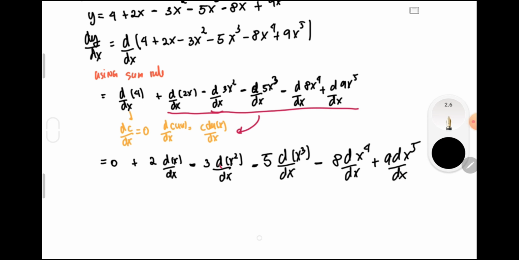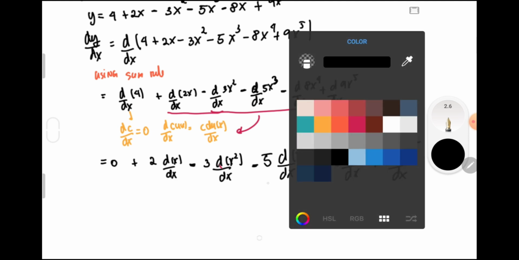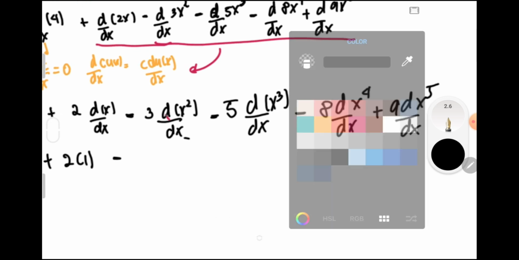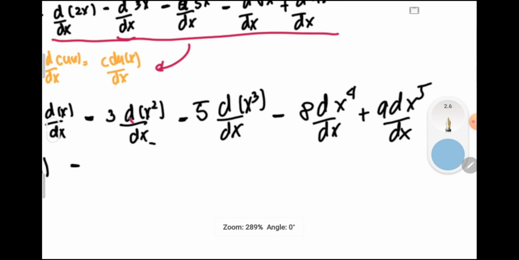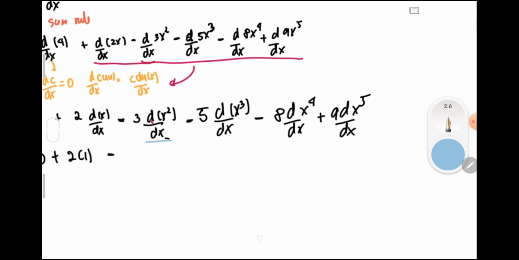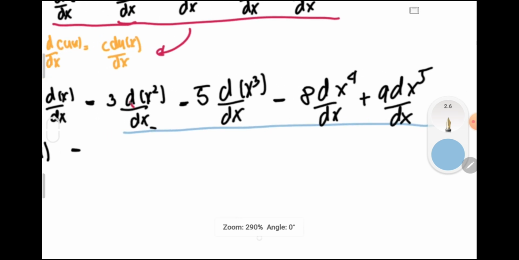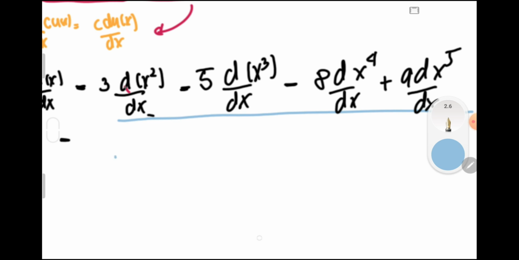So after that, let us demonstrate what we can differentiate. From this, we have 0 plus the derivative of x with respect to x is equal to 1. So minus. So what will be the solution of this one? For all of these terms, we can use our power rule, n u raised to n minus 1 du over dx.